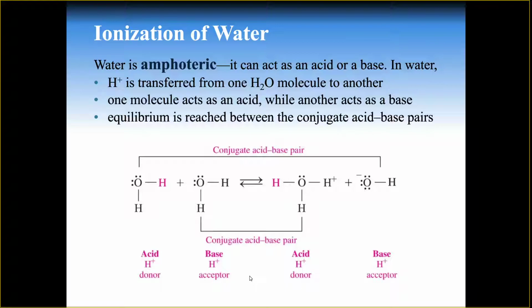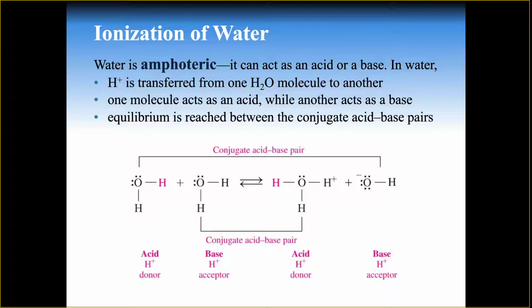Okay, so water is amphoteric, and what that means is it can act as an acid or a base. Remember I said that earlier, that some things can accept the hydrogen proton, but they can also give it away. And so water is a good example of that. In fact, if you are thinking about just a regular glass of water that you pour out of your kitchen, it always has some acid and some base in there, okay?